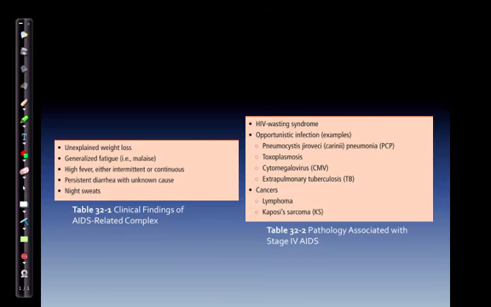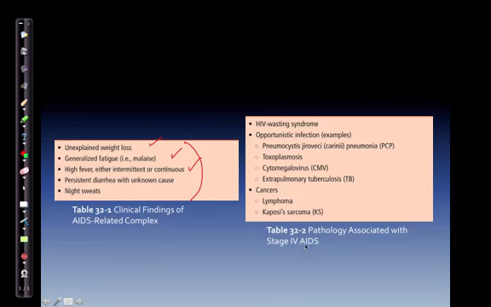This is 32-1, which are the clinical findings of AIDS-related complex: unexplained weight loss, generalized fatigue or malaise, high fever, which may be intermittent or continuous, persistent diarrhea with unknown cause, and then night sweats. All of these are clinical findings in AIDS-related complexes.